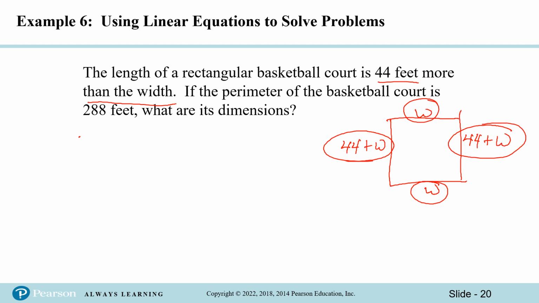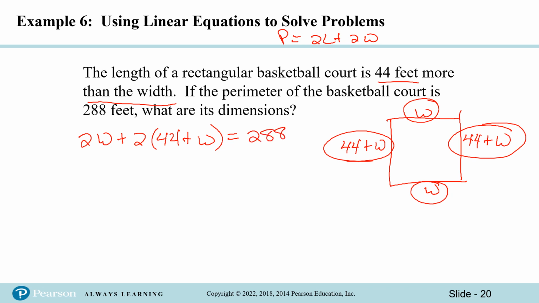So we've got 2 of the W's plus 2 of the 44 plus W's. So 2 of the widths and 2 of the lengths. That's the formula, by the way. 2 of the lengths and 2 of the widths is the perimeter 288.